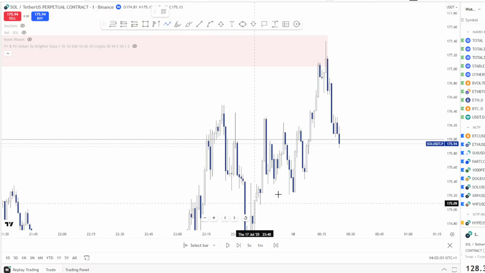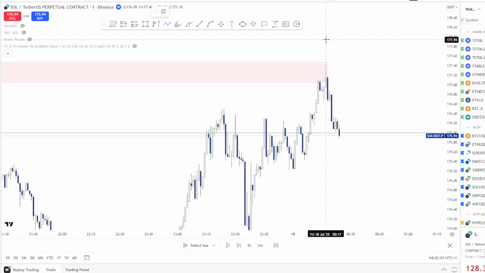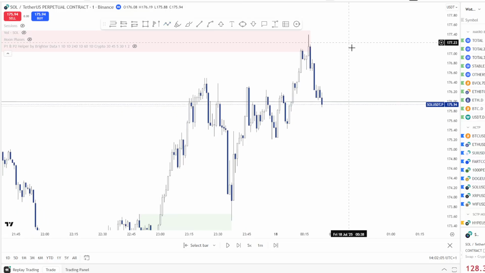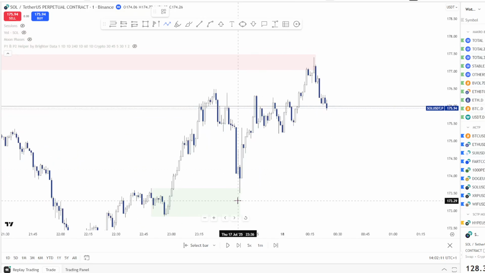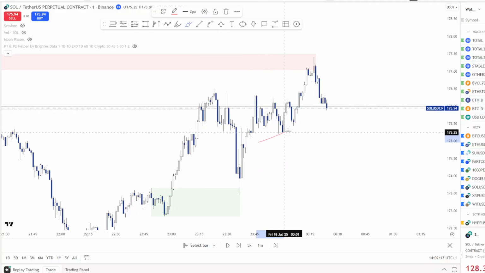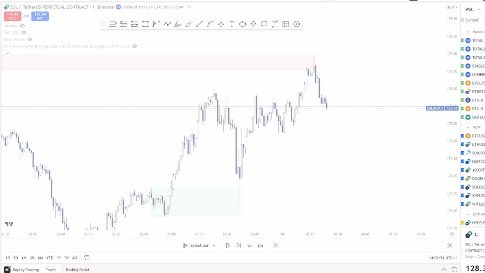And this was still after hours. We have a nice local build up here. Is there some sort of demand that could hold price up?